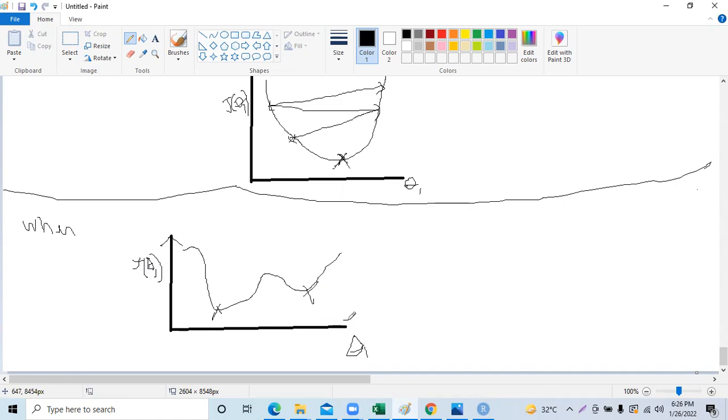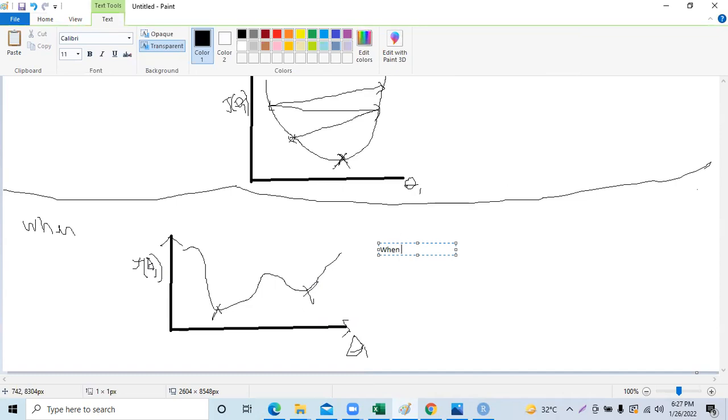So take some time to answer this question. When theta 1 is at global minimum, sorry, at local minimum, what will one step of gradient descent do?